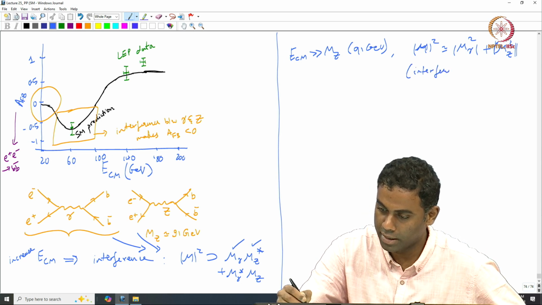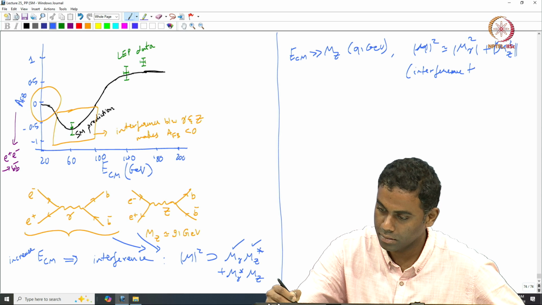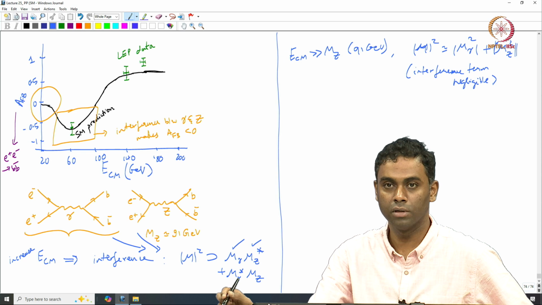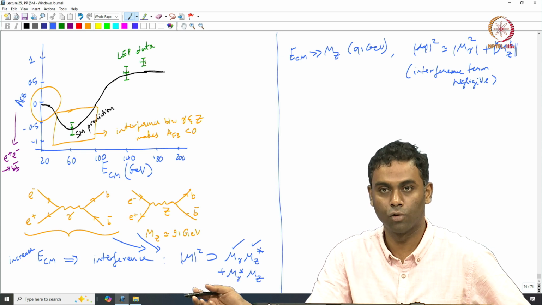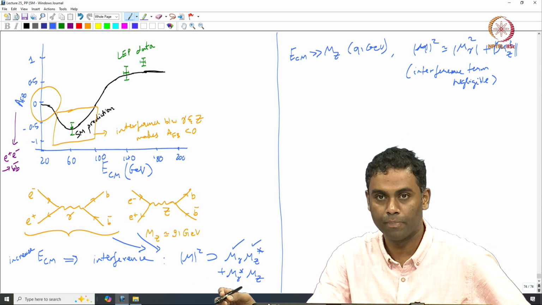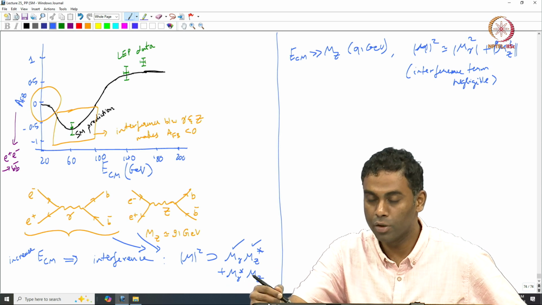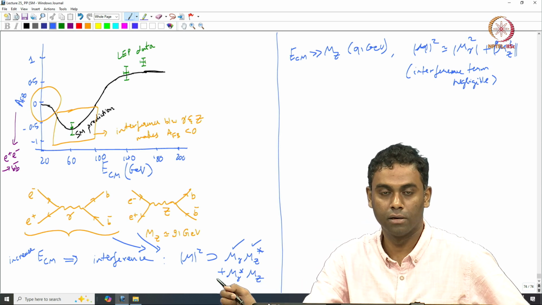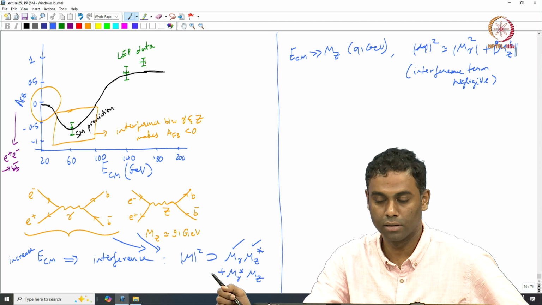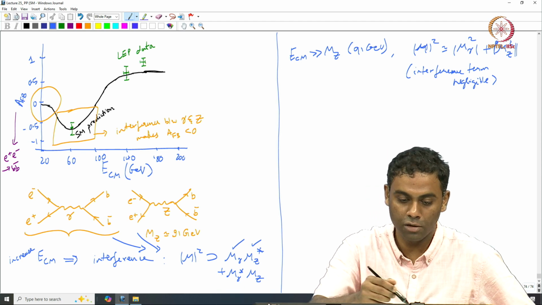Basically what I'm saying is the interference term becomes negligible. So it's purely the Z boson acting as though it's another photon, but not a QED photon. It's acting as though it's a massless particle that's mediating the scattering. So that's the reason why it flattens out.